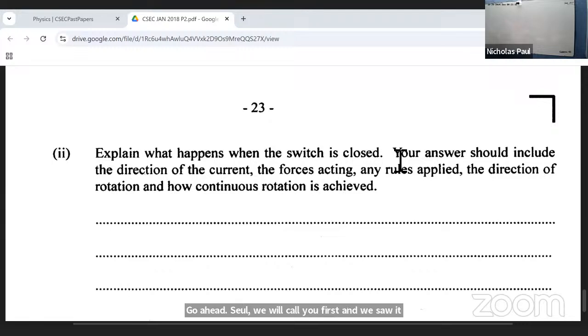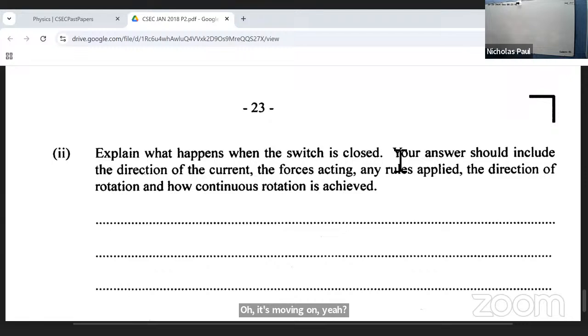What rule do they use? Fleming's left-hand rule. So tell them that you use Fleming's left-hand rule to find the direction of the force. Easy, right? The direction of rotation, how is it moving? Clockwise. Easy marks, there's 9 marks, and they have 6 already.